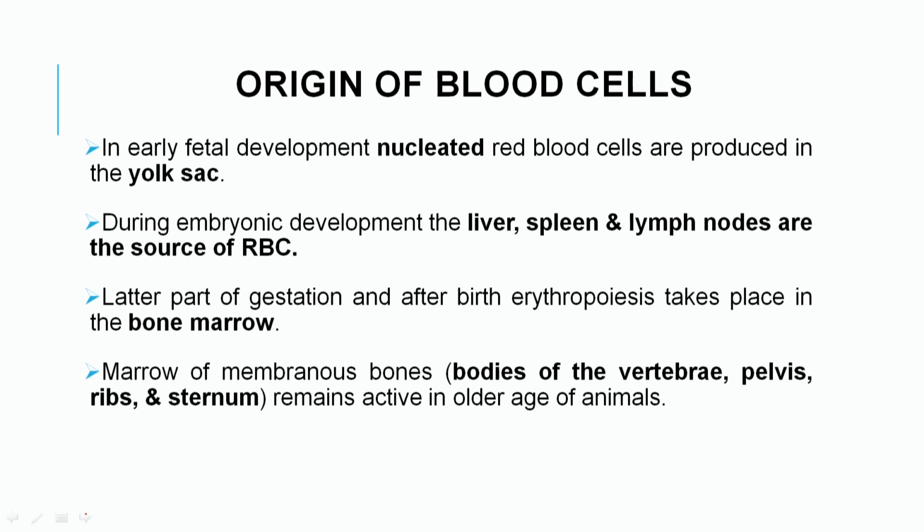Marrow of the membranous bones, that is the body of the vertebrae, pelvis, ribs and sternum, remains active even in older age, and in older age these flat bones are the main source of RBC production.